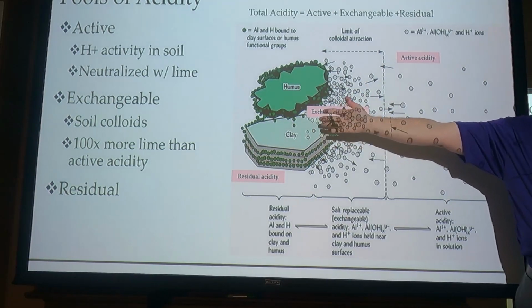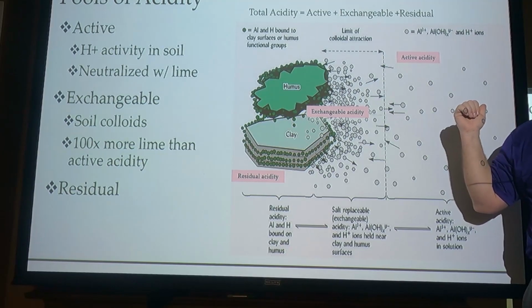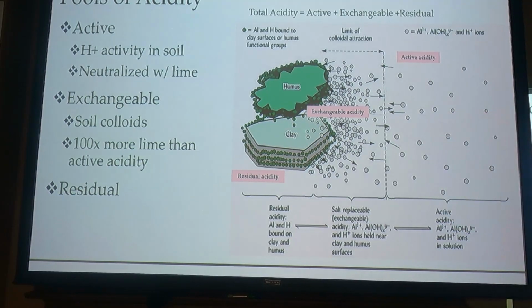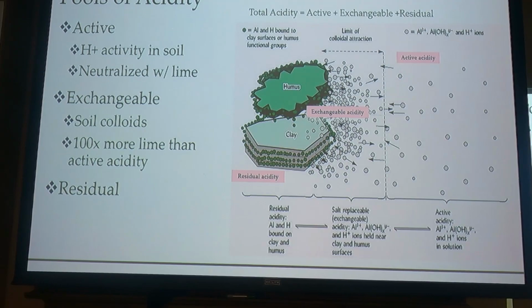But again, because the soil colloids are going to release aluminum and hydrogen back into the soil, we have to continue to lime. Also remember that we are adding fertilizer materials that are also releasing hydrogen.